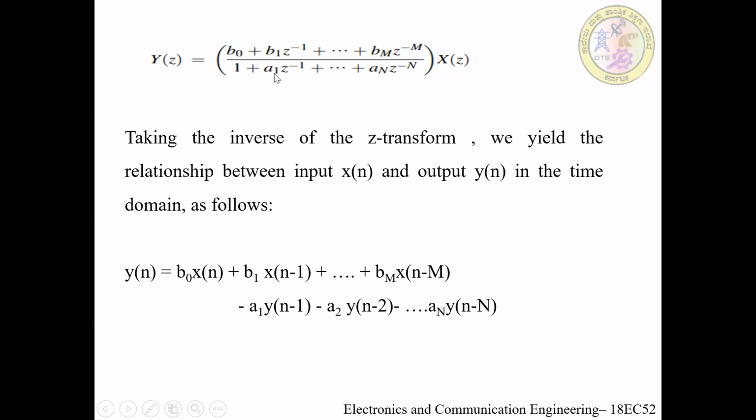So minus, because we are cross multiplying and then taking this to the right side, minus a1 into y of n minus 1 minus a2 into y of n minus 2 minus up to an into y of n minus n. So this is what we obtain if we take inverse Z transforms on this particular Y(z).